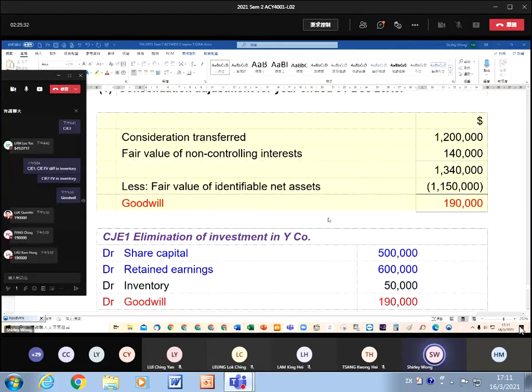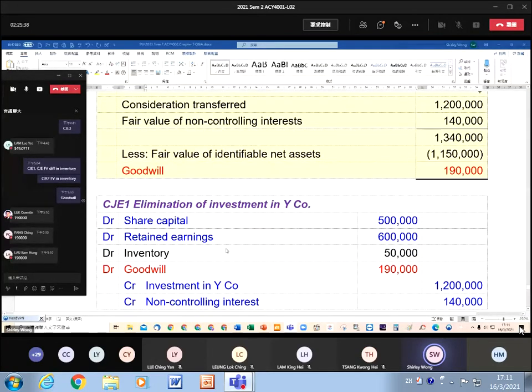So you will prepare the first entry, that is to eliminate the investment in Y company and then re-add it again in the current year. So you will debit share capital, debit opening retained earnings, debit inventory, debit goodwill, and then credit investment in Y company, and also credit the NCI.